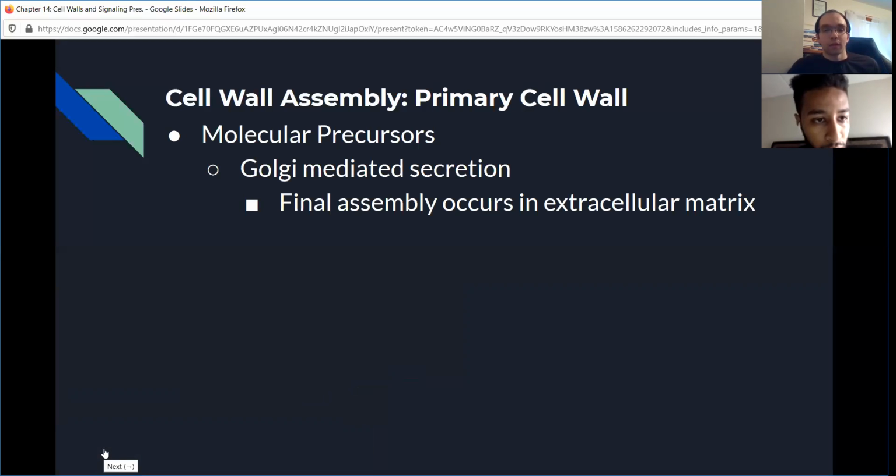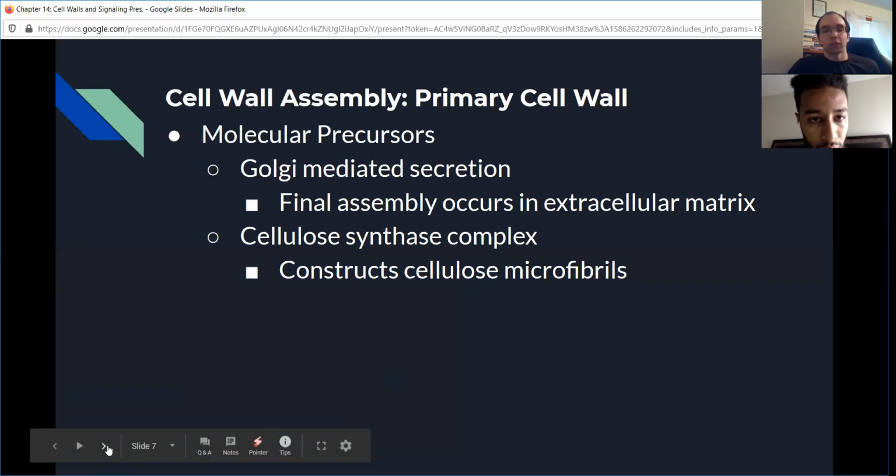Following this method, vesicles of the precursors are transported out of the plasma membrane and fully assembled in the extracellular matrix. For example, precursors of hemicellulose might be transported in vesicles out of the cell, and then their last pieces are put together once they're outside of the cell.